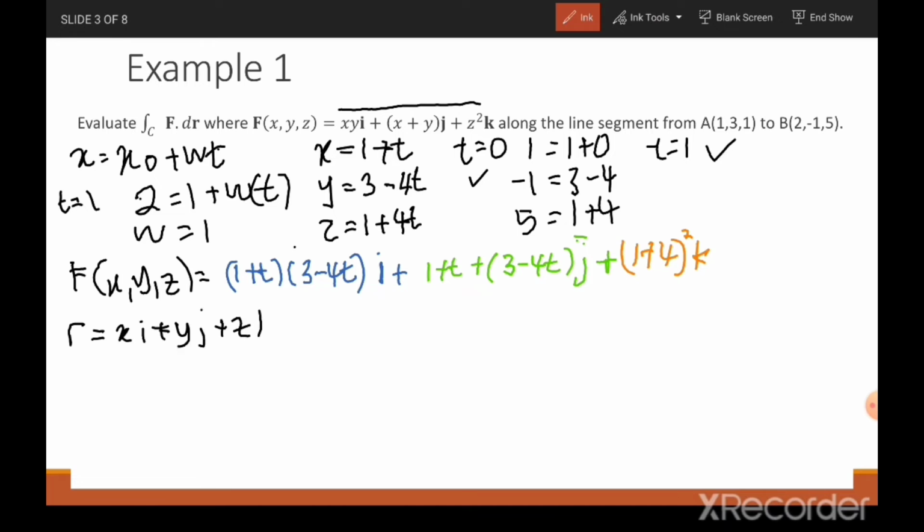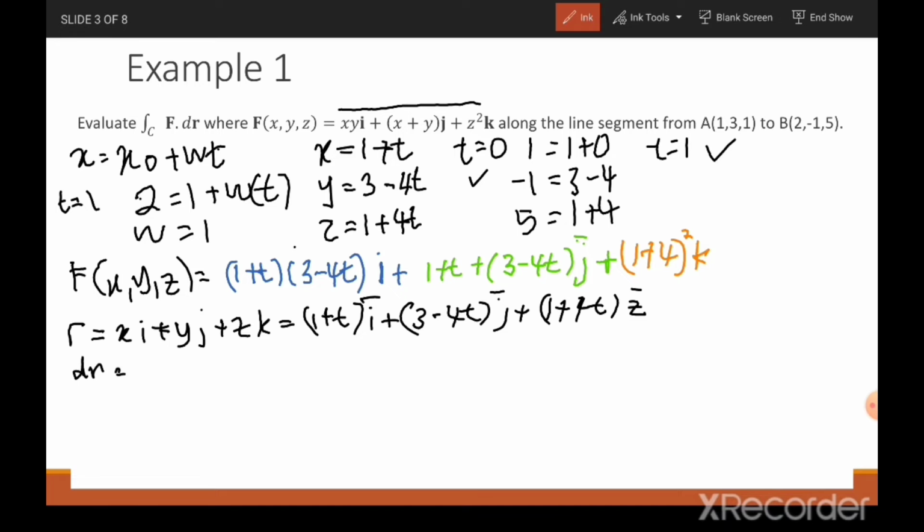Okay, I write first. x is 1 plus t for vector i, then y is 3 minus 4t for vector j, and z is 1 plus 4t for vector k.